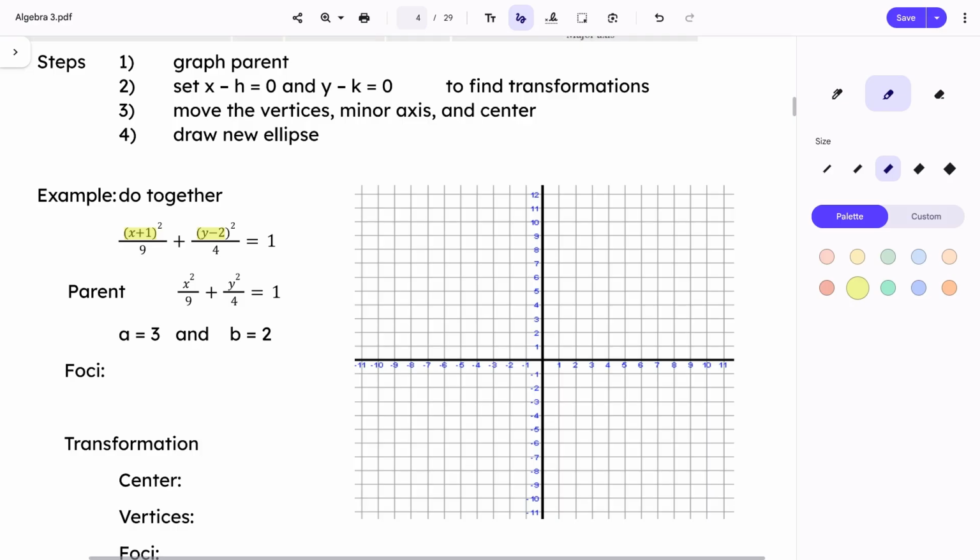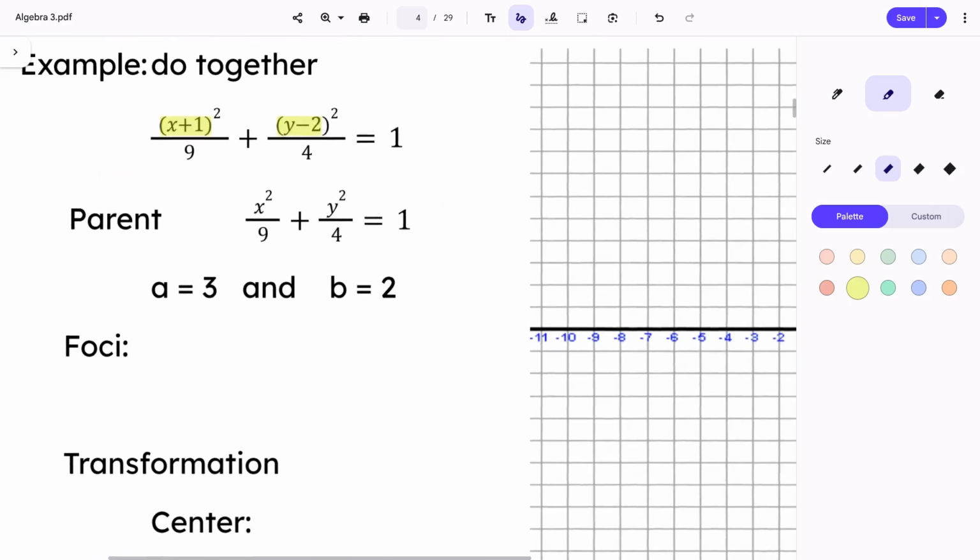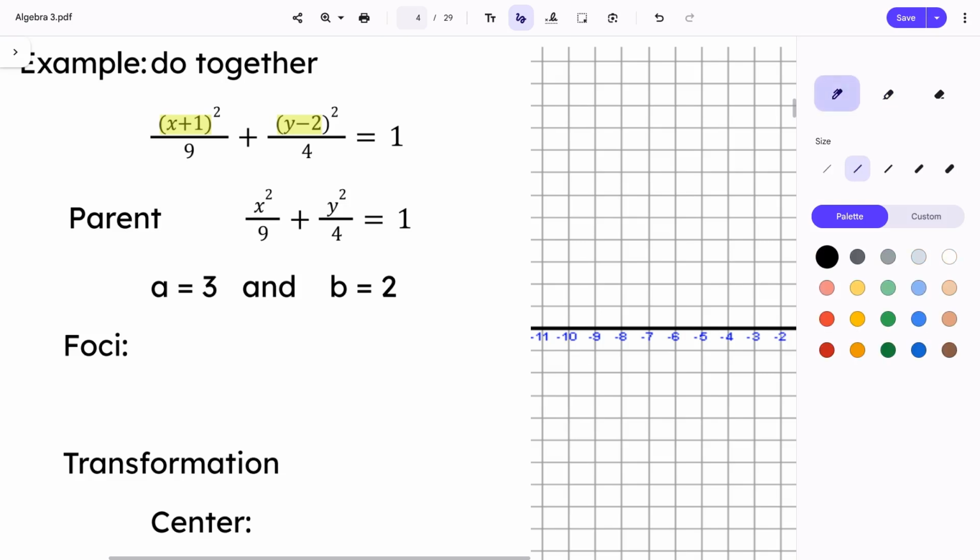So if I look at this equation, and we're just pretending right now, here's my parent. I rewrote it down here so I can pretend what this would look like. Is this going to be a major vertical or a major horizontal? Why major horizontal this time? Yeah, the 9 down here.